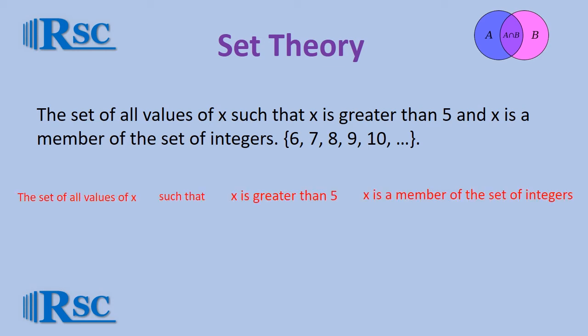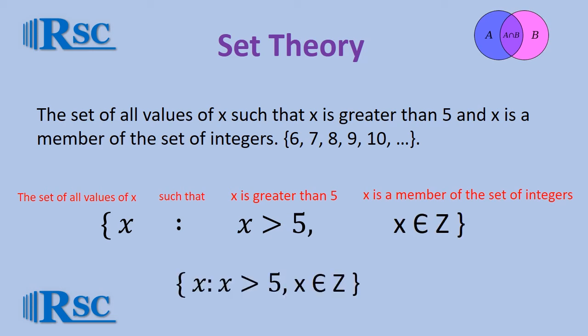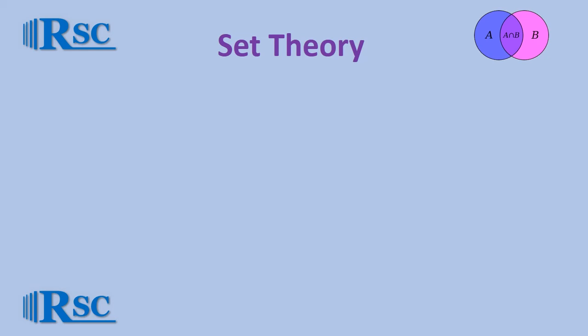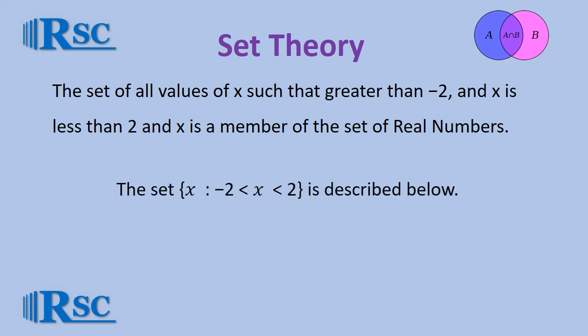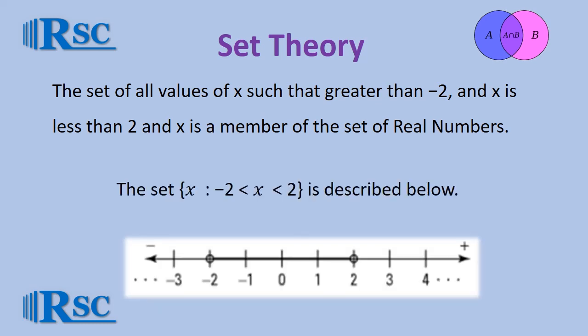And so the set builder notation for this is shown: the set of all values of x, such that x is greater than 5, and x is a member of the set of integers. Another example is the set of all values greater than -2 and less than 2. So this is shown in set notation here and also on a number line.